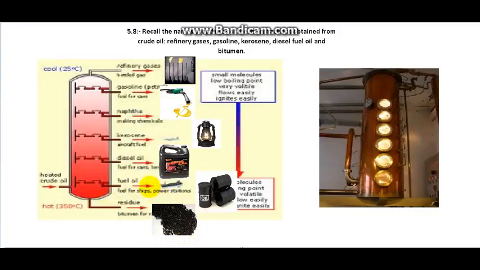Now, bitumen is used for roads, and for lubricating oils and related. It is black, and as you can see, it's kind of crumbly. It's mixed with small pebbles and rocks to make the roads. And on the right here, you can see a real life example of fractional distillation.